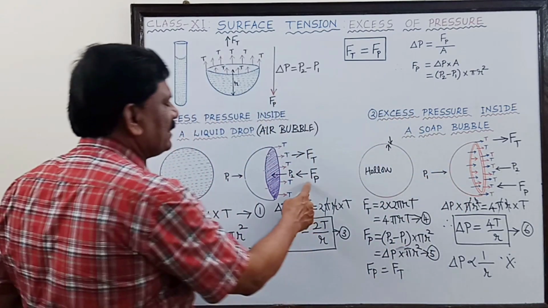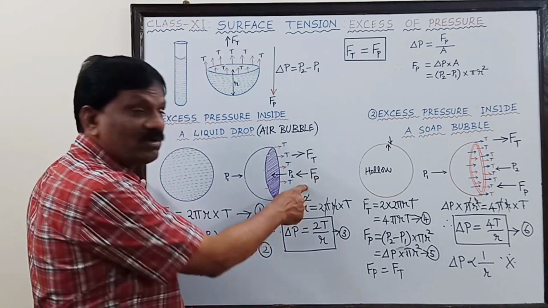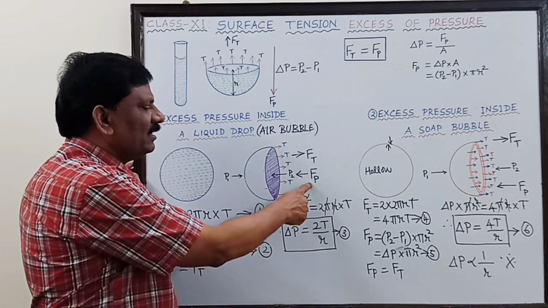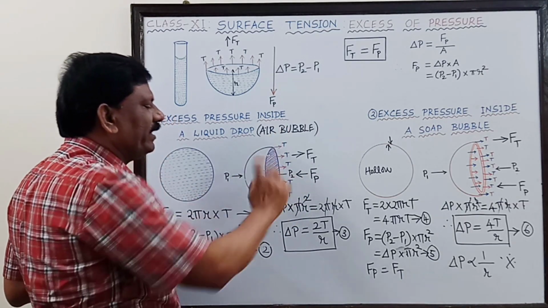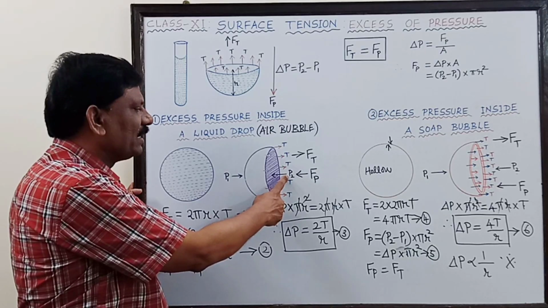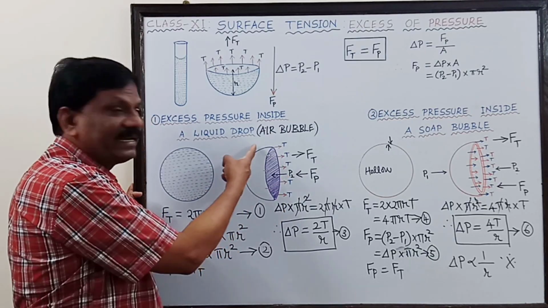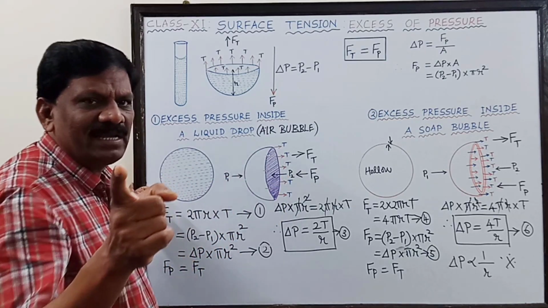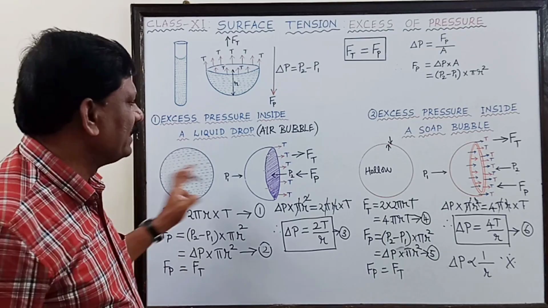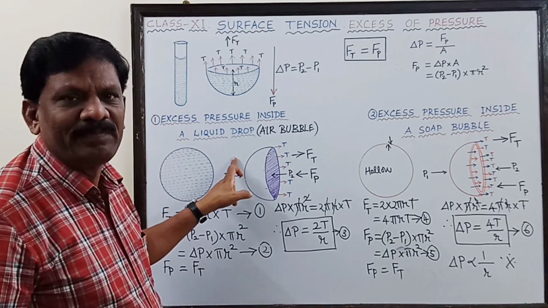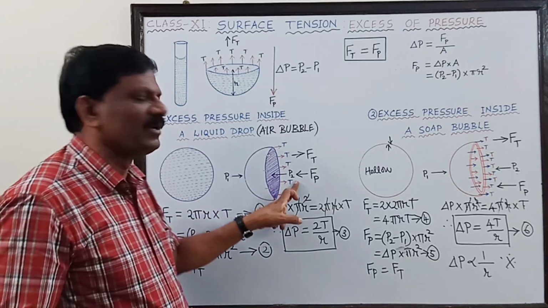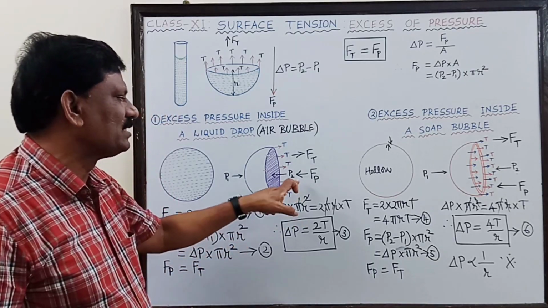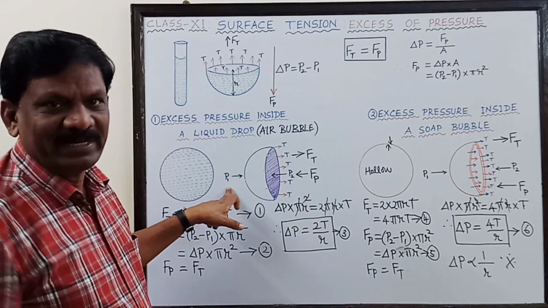This is the direction of the force due to pressure difference. And also we have studied that on the concave side the pressure P2 will be greater. On the convex surface side the pressure P1 will always be lesser. Who is present on the left side of the liquid is the vapor, air, vapor pressure. So vapor pressure is lesser, liquid pressure is greater. So the pressure difference must be P2 minus P1.